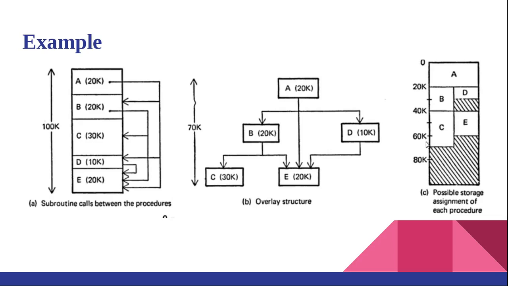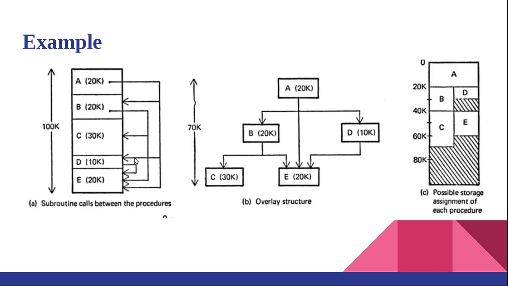That means the allotted memory for the main program A is only 70K, but the entire length of the program is 100K. So in order to achieve this, we will be using overlays.